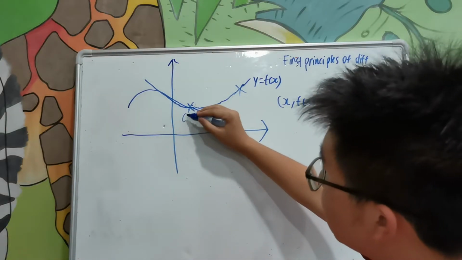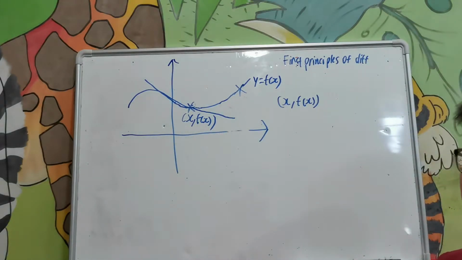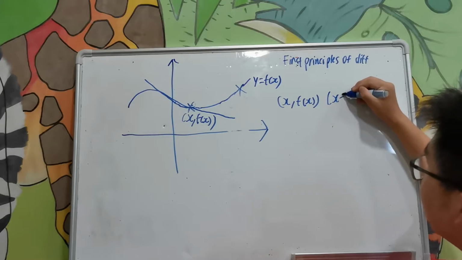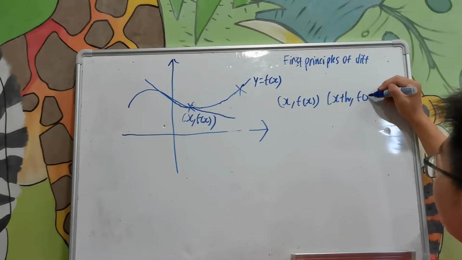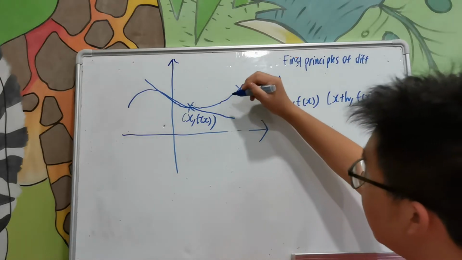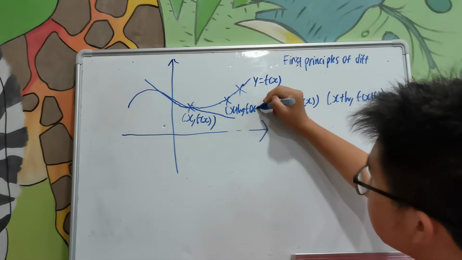Alright, so let's have this be called (x, f(x)). And next we have another point on the graph called (x+h, f(x+h)). And okay, let's draw this one here. So (x+h, f(x+h)).